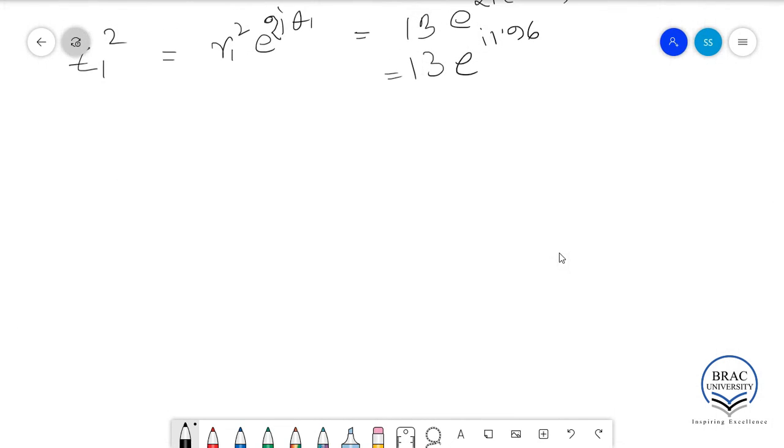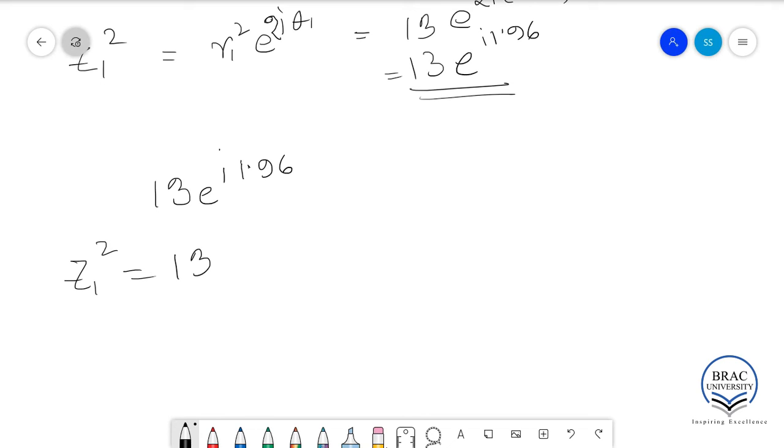If you want to go to Cartesian form from here, you write first 13 e to the power i 1.96. Sorry, I keep writing it as 19.6, it is 1.96. This is what we are evaluating as z1 squared. Remember that, don't get confused with z.